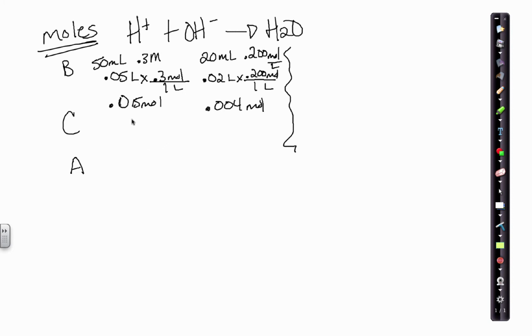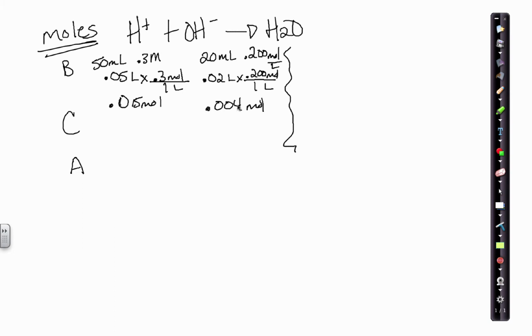So when you're looking at this, you're going to have 0.015 moles of hydrogen plus 0.004 moles of hydroxide. So you're going to have something that gets used up and something that's left over. Well, since everything is a 1-to-1 ratio, the amount that is smaller will get used up. So when you calculate your number of moles, subtract the smaller number.